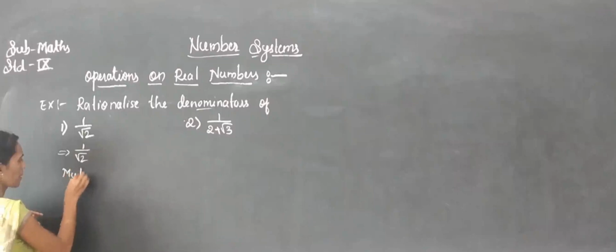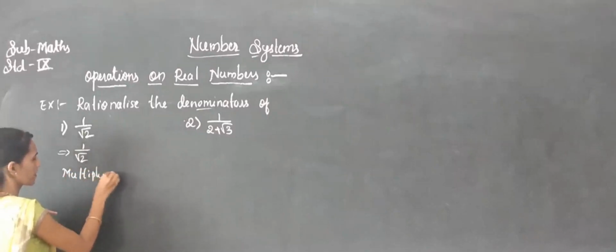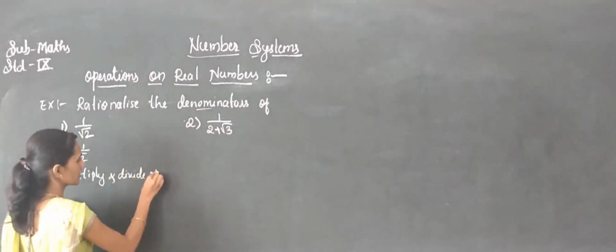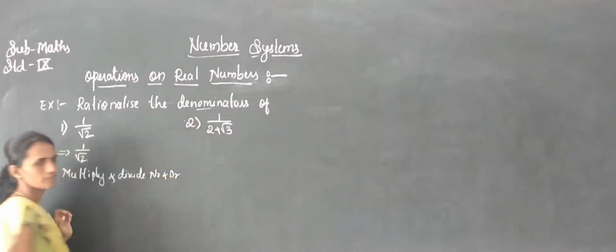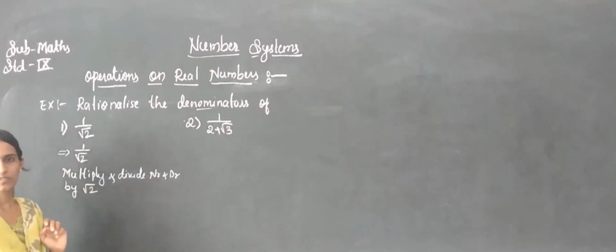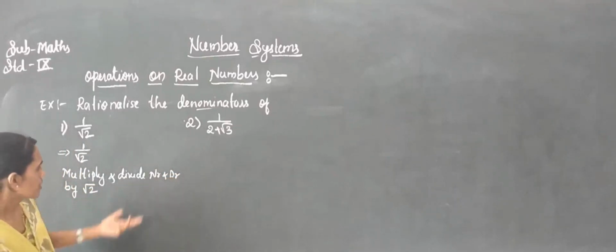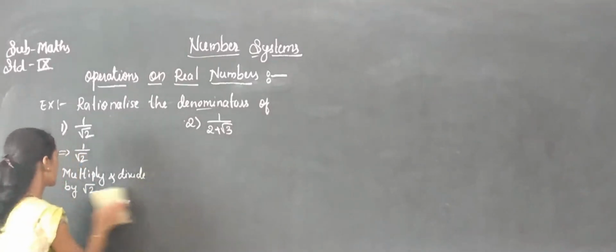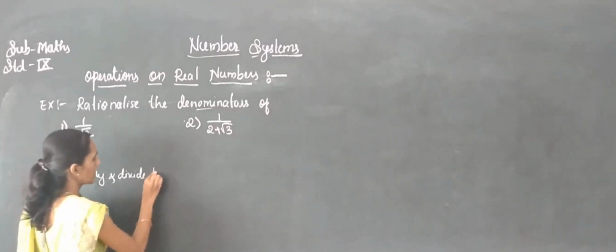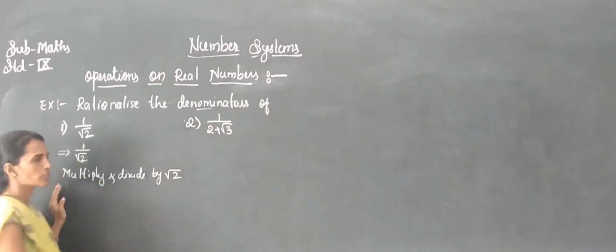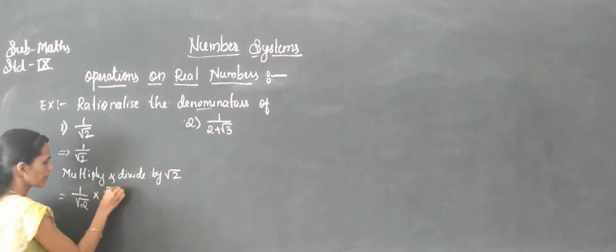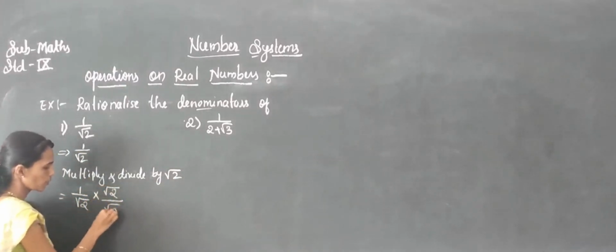Multiply and divide numerator and denominator by root 2. Because we are multiplying the denominator, we multiply and divide by root 2. So then what will happen? 1 by root 2. So multiply means root 2, divide means again root 2 here.